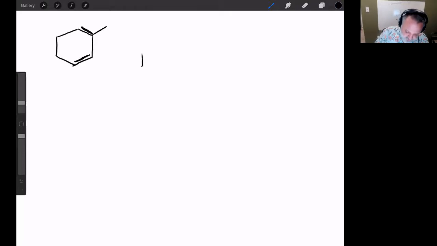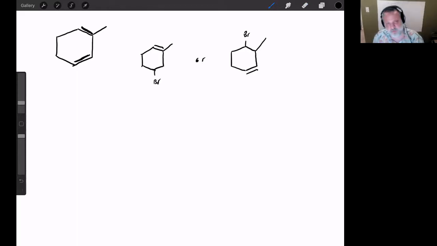I could have this cation form, or I could have this cation form, in which case the bromines would add here and here. It's not going to happen, remember, because those two cations I showed you, they're not allylic. And so these guys are going to be the very minorest of products. And so I'm going to stop considering them all together.